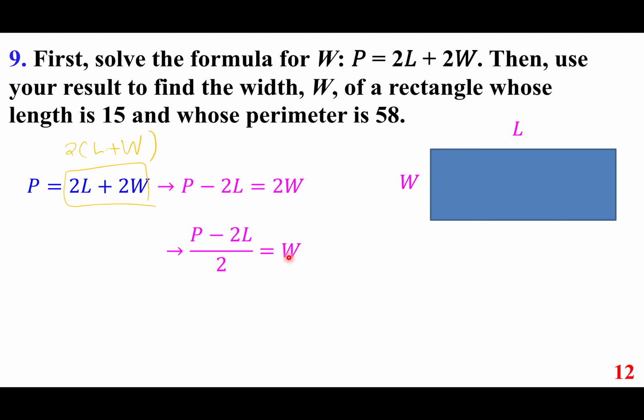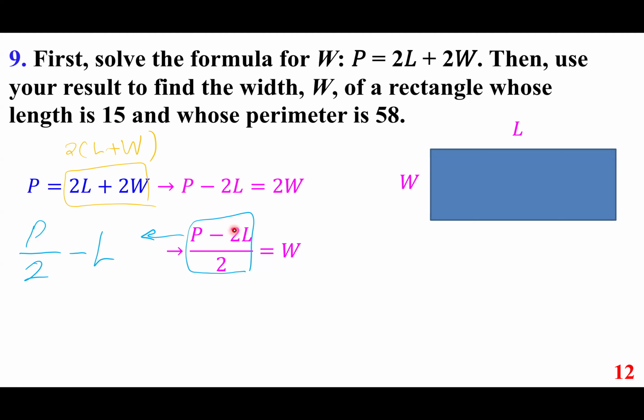If you want to separate it into two fractions, please understand it's the same as P over 2 minus 2L over 2 becomes minus L. So it is not the case that you can drop the 2.